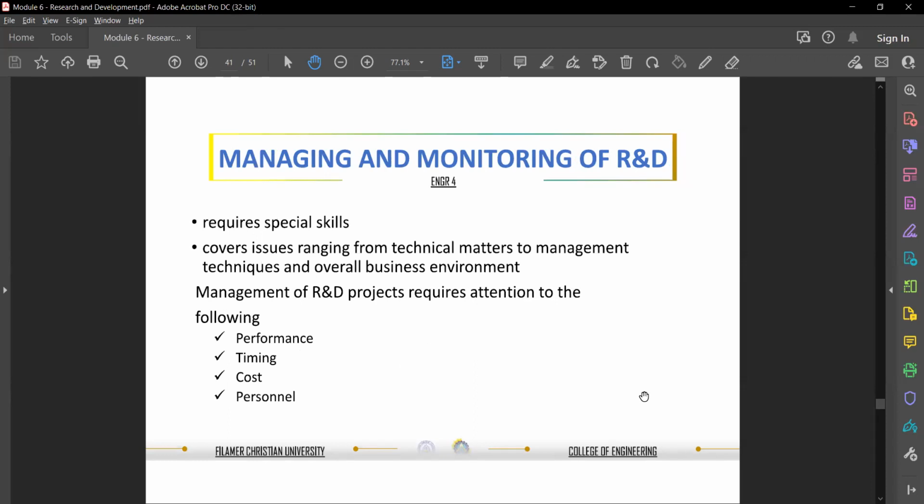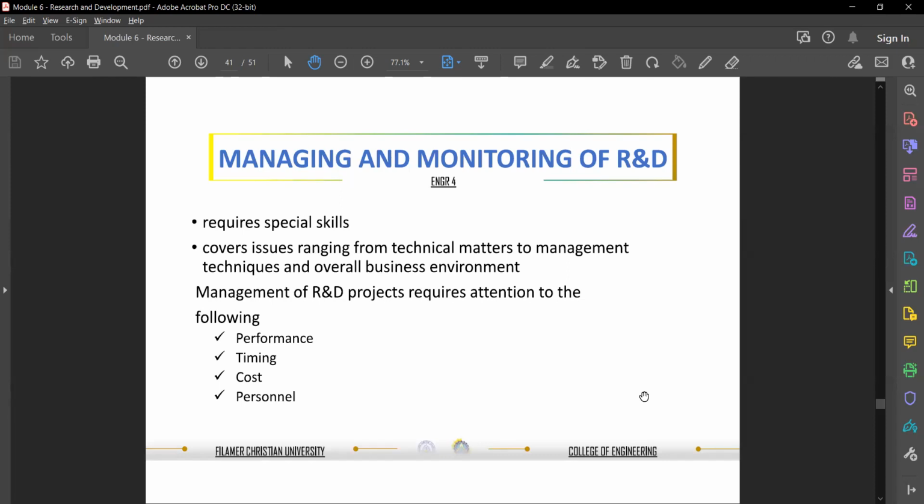So, how to manage and monitor in terms of research and development. So, it requires special skills. Diba? So, you need to learn, kailangan mo magtiyaga. So, you need to learn some skills to do that, to manage that. And it covers issues ranging from technical matters to management techniques and overall business environment.